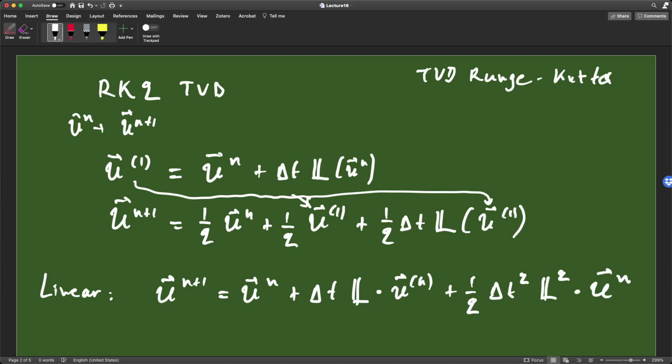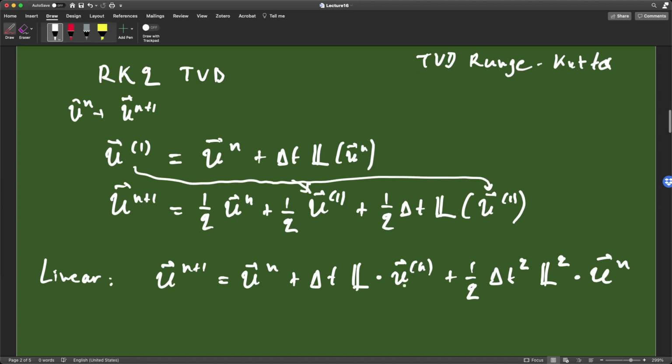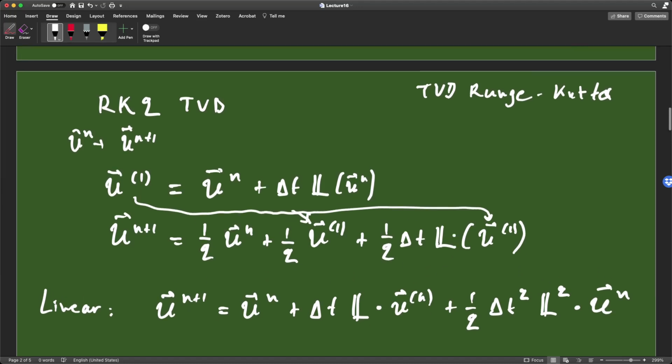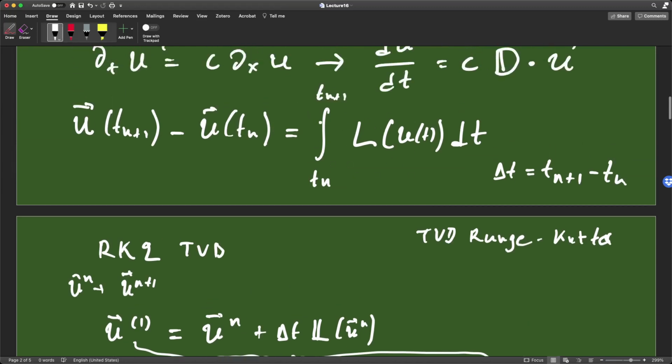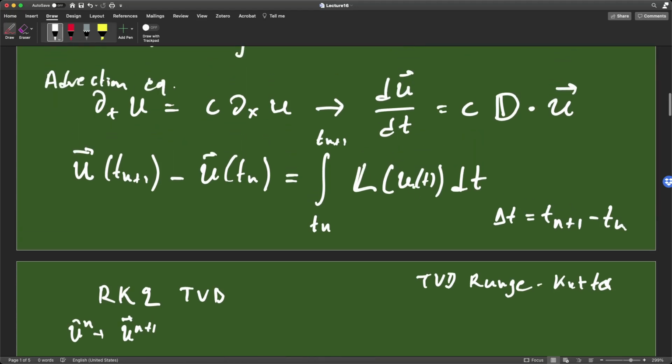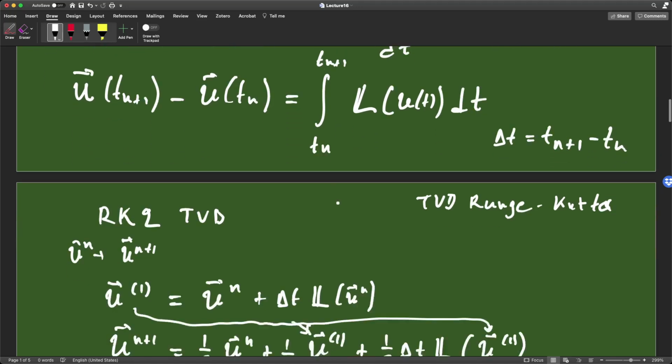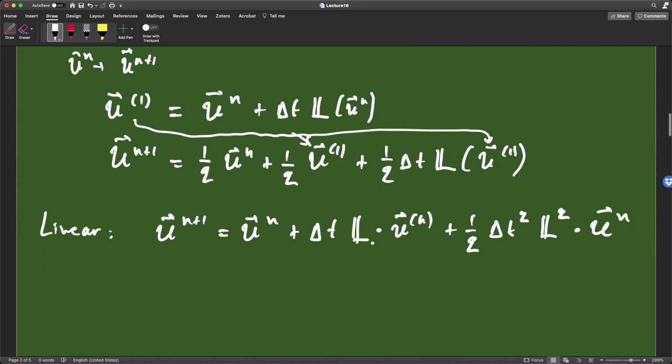And if we look at this, we can factor out the vector un. We'll do that in a minute, but before we do that, if you look at this integral, if L is a linear differential operator, then we can Taylor expand u of t about tn, and then integrate that Taylor expansion from tn to tn plus 1. And if we integrate that Taylor expansion, we will get precisely this formula.